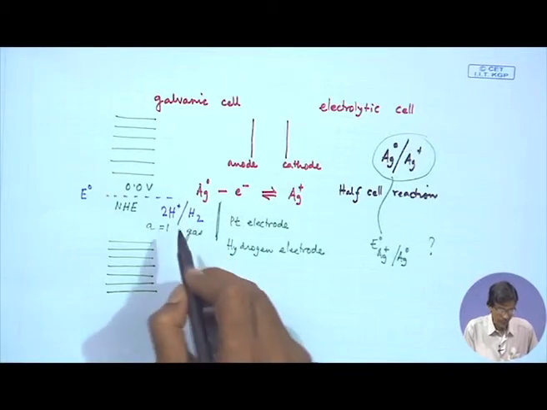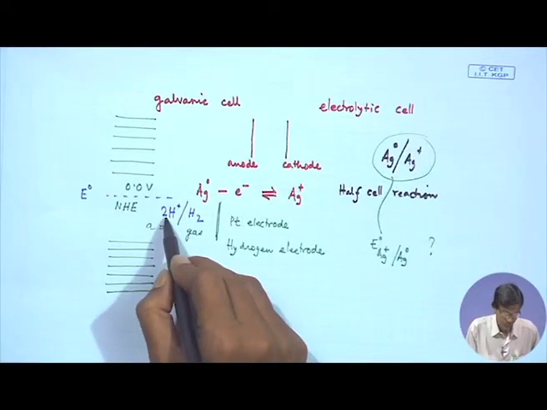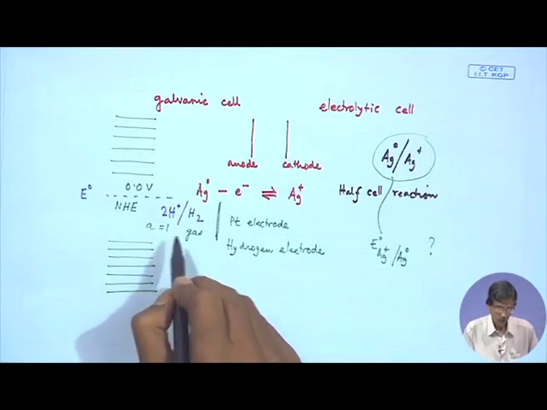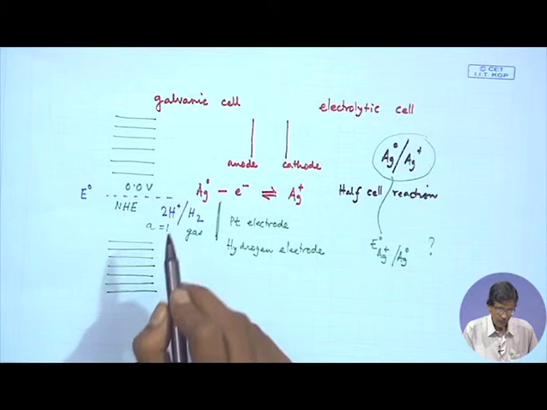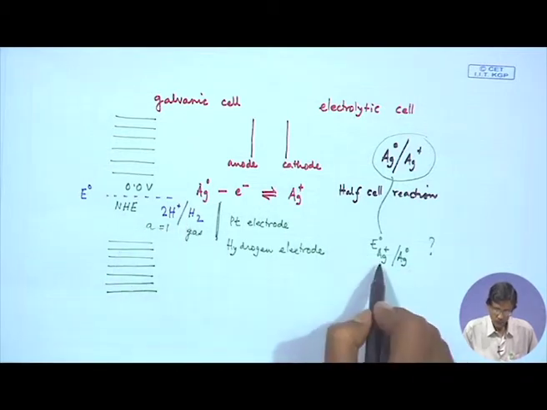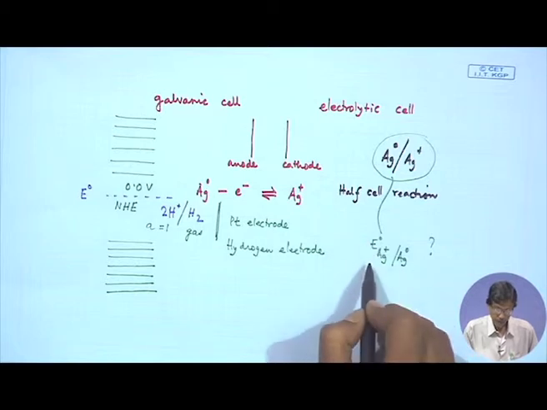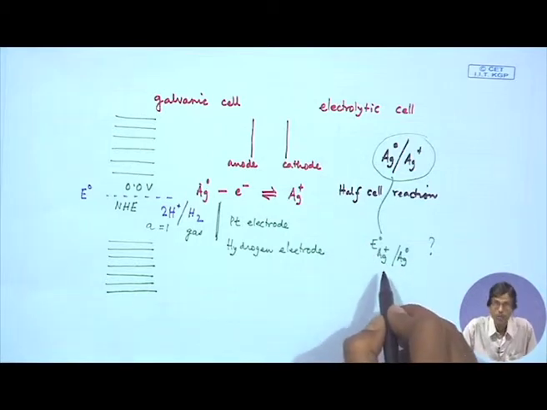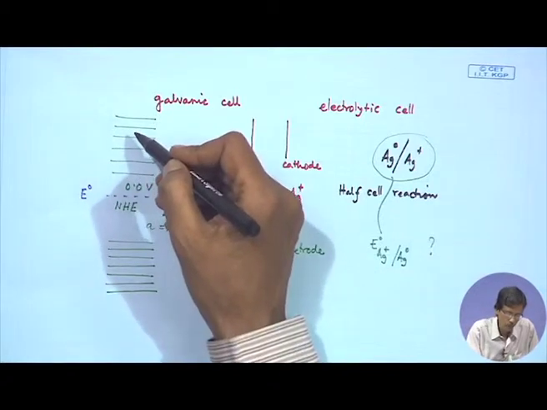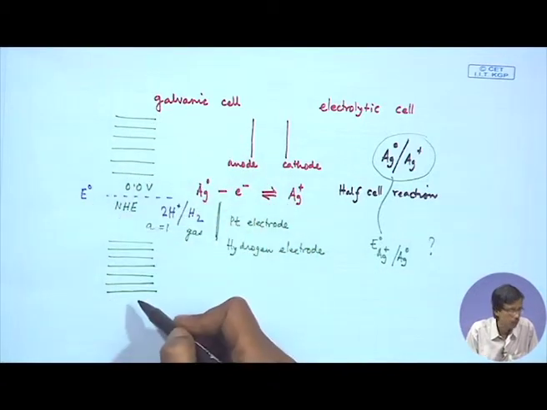This tendency, whether it accepts electrons or donates electrons to produce hydrogen ion from hydrogen gas, is the reference, and with reference to that, whether the other half cell will be oxidizing or reducing tells us whether it will be above this 0 level or below this 0 level.